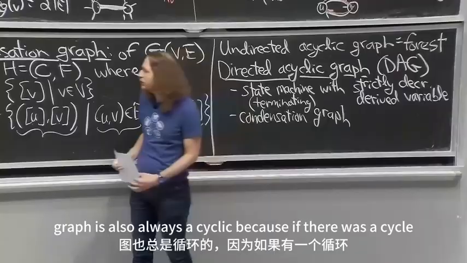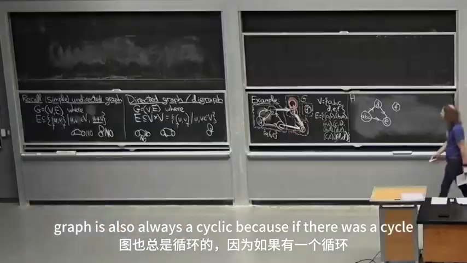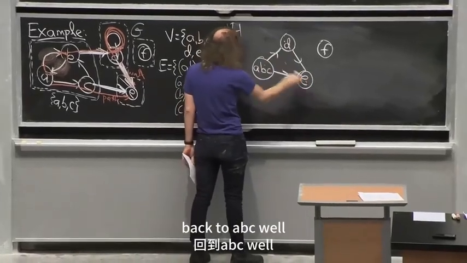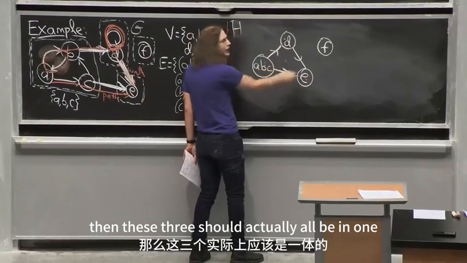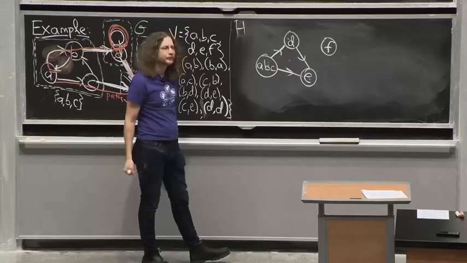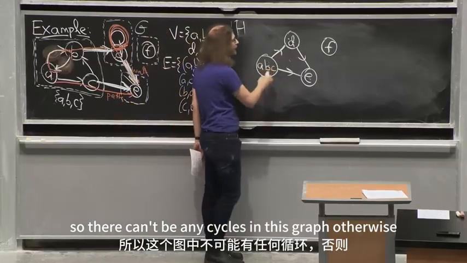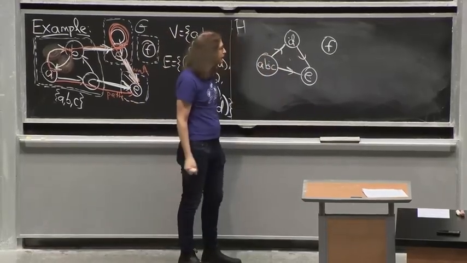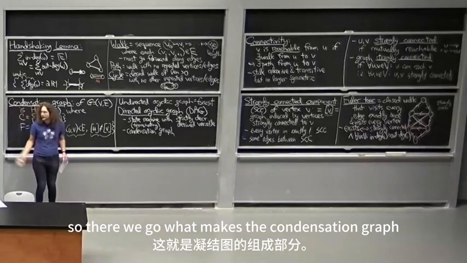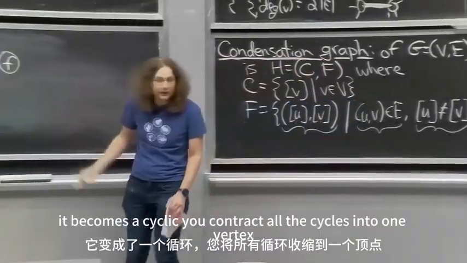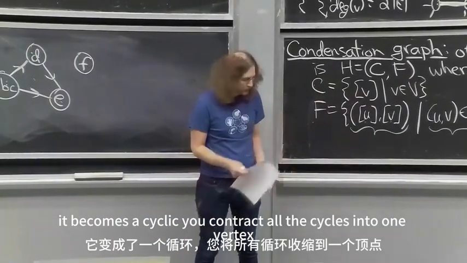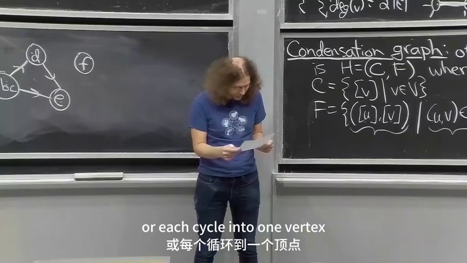The condensation graph is also always acyclic because if there was a cycle, like if I could get from ABC to D to E back to ABC, well, then these three should actually all be in one strongly connected component. Right? So there can't be any cycles in this graph, otherwise I would have collapsed further. So there we go. What makes the condensation graph interesting in some sense is it becomes acyclic. You contract each cycle into one vertex.